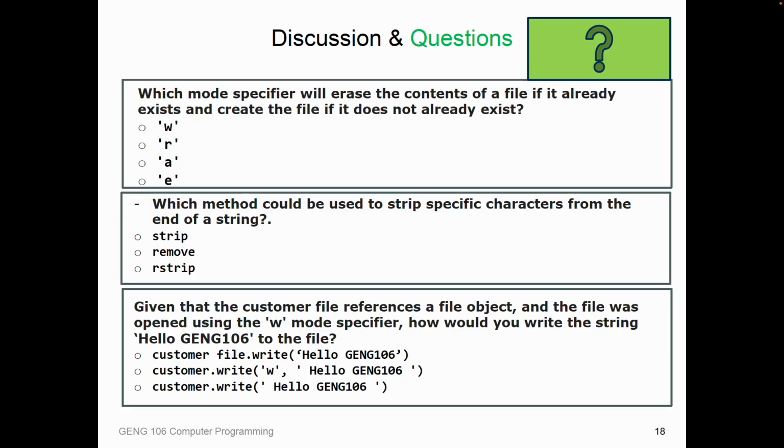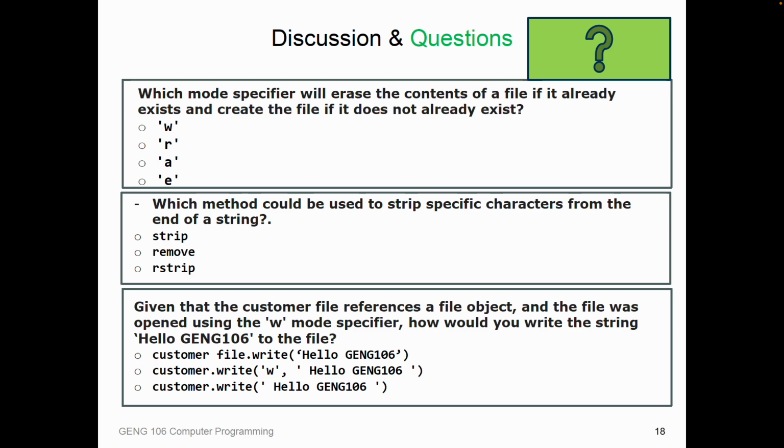So the R in rstrip stands for right. It strips the characters from the right side of the text, so that we can get rid of characters that we do not need. So basically, the correct answer is rstrip. How about the last one?